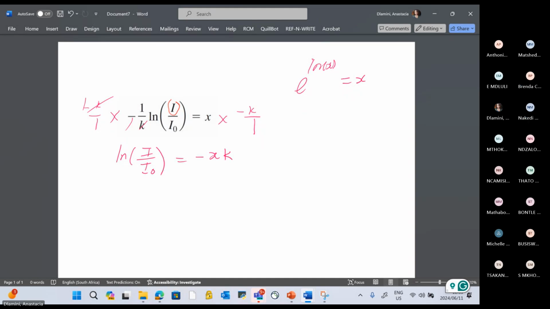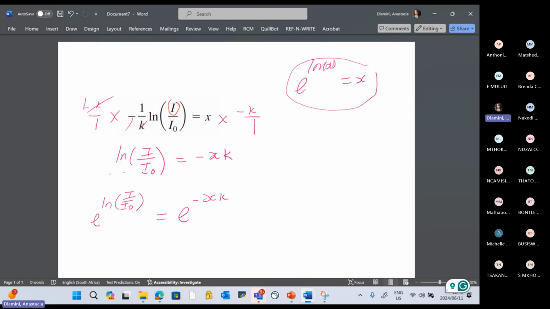Yes, ma'am. Now you could have used this ln because remember log is a one-to-one function. So you can say e to the power of ln of I over I0 is equal to e to the power of negative xk.